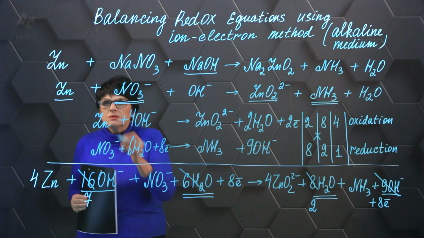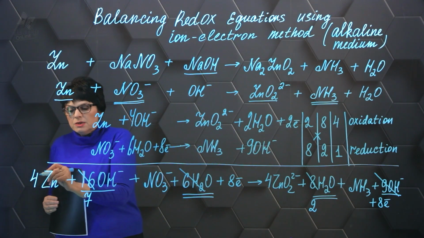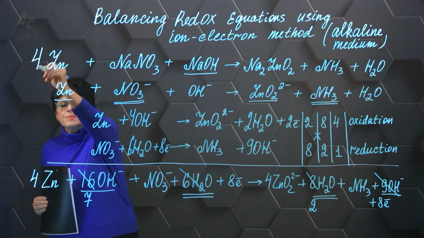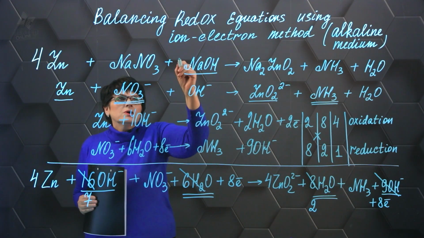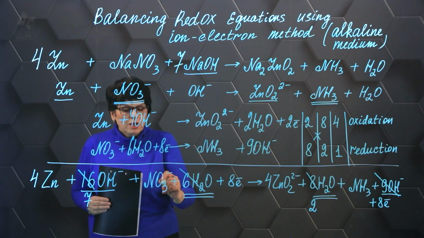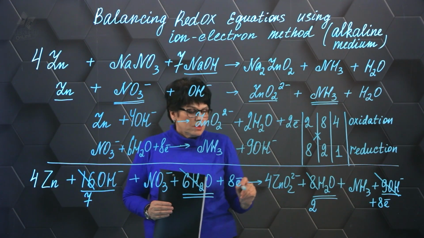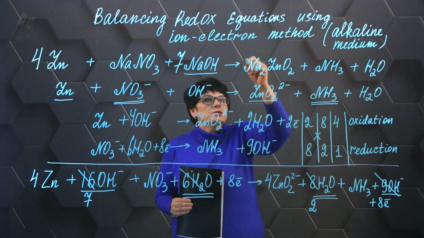Now we put the coefficients we found into our original molecular equation. 4 in front of the zinc. In front of OH ions, so in front of sodium hydroxide, the coefficient is 7. In front of the NO3, we don't need a 1, we don't write it down. In front of the sodium zincate, 4.